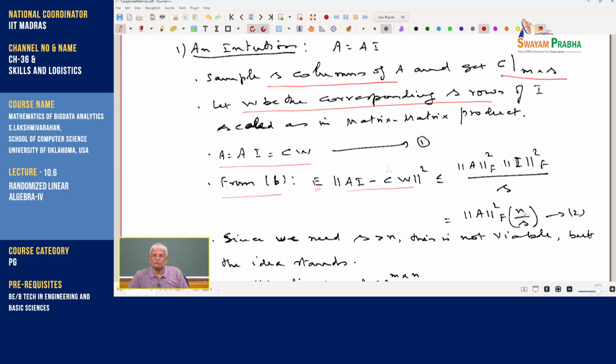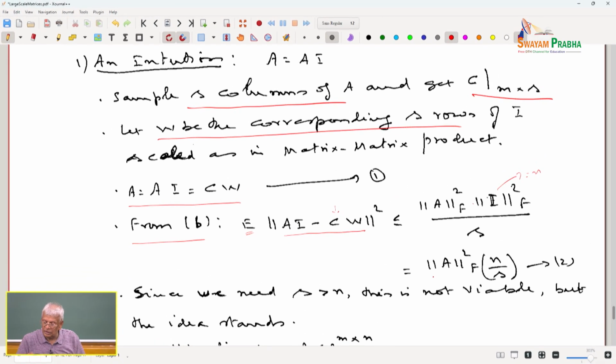I is an n by n full rank matrix, and in this case the Frobenius norm of this quantity is equal to n. So, this whole thing reduces to n over s times the Frobenius norm of A.